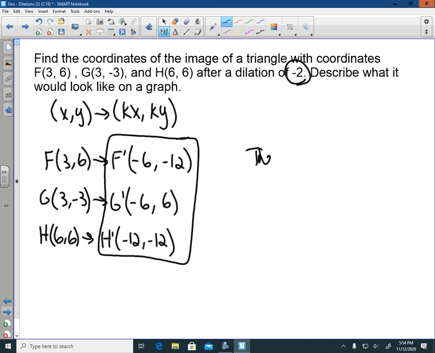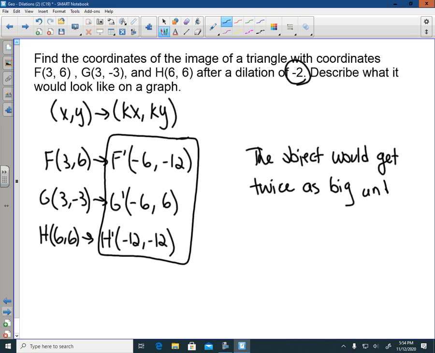The object would get twice as big because of the 2, and it would flip 180 degrees because that's what the negative does. So the object will get twice as big because that's the 2 part of that scale factor, and then it would flip 180 degrees because that's what the negative does.